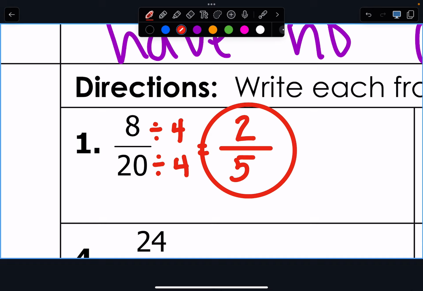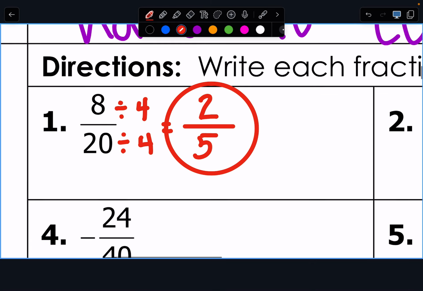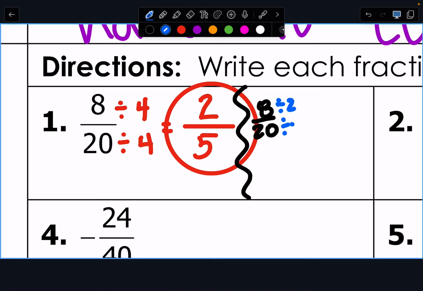Okay, now before Rhea gave the suggestion of 4, was anybody thinking the number 2? Yes. Okay, so I want to talk about this. If I have 8 over 20 and I get excited because 8 and 20 are both even numbers, so I know I can divide by 2, that would leave me with 4 over 10.